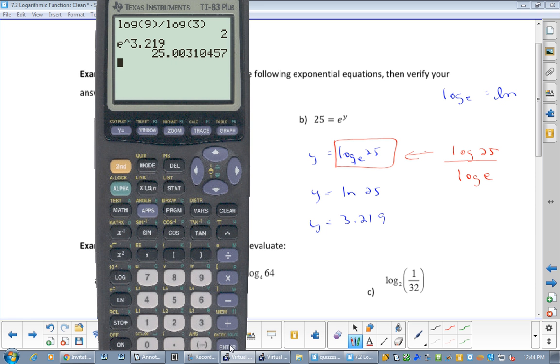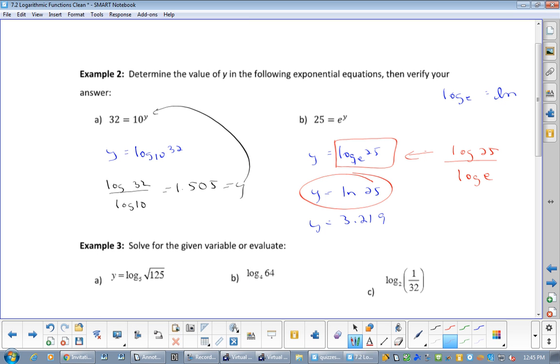Now, ln 25 is the exact answer. Okay? The approximation is 3.219. Okay? They might just want this. That's it. But I could still check it, because I would get the decimal, I would shove it in. But even better, what does y equal? ln 25. So what if I went e to the exponent ln 25?